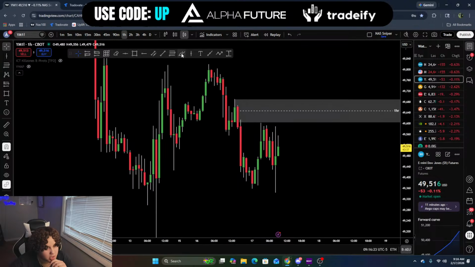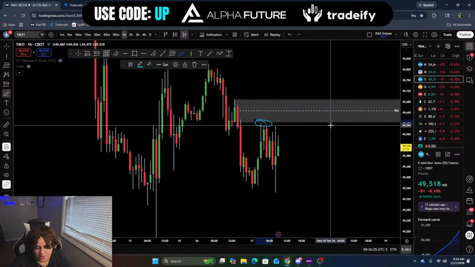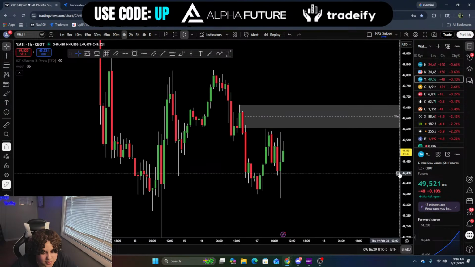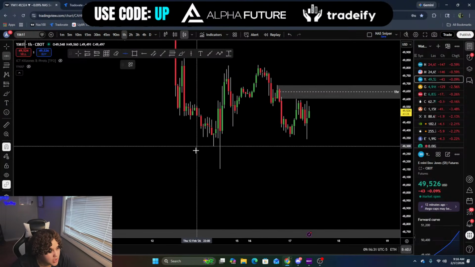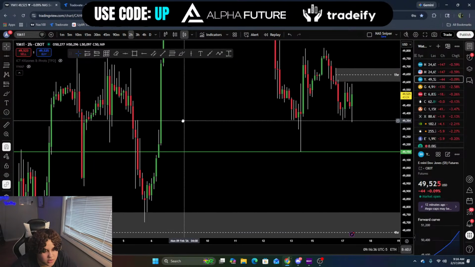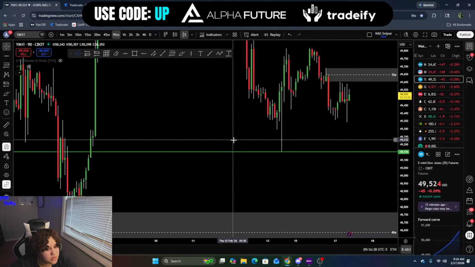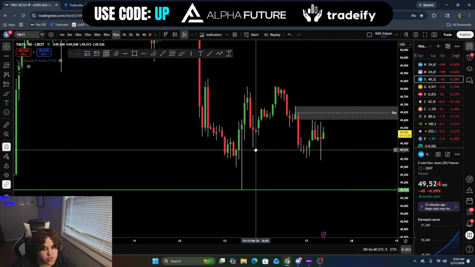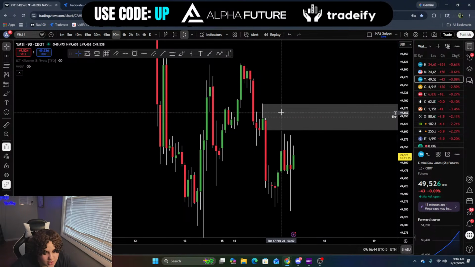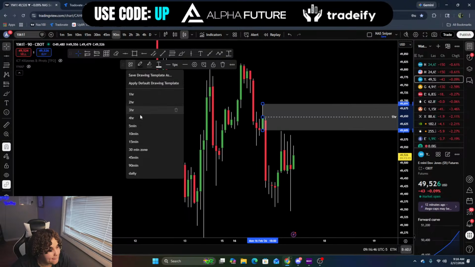I just wish the market actually tapped on it. We just missed it by a couple points, though. I also want to see why the market bounced off of this area. Okay, this 1 hour supply zone is also a 90-minute zone, which is good.